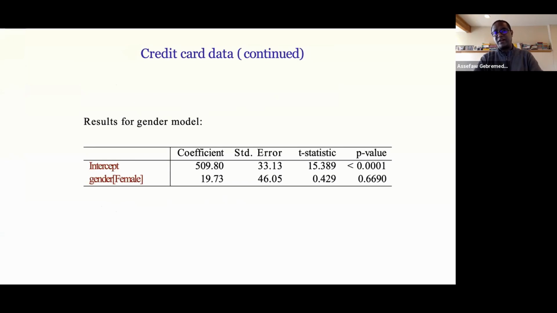And so in this credit card example, if you were to include this in your model and see what kind of values you would get, fortunately, this is a real data set, it turned out that the amount of balance people have on their credit card was not influenced by whether the card owner is a male or a female, because the p-value for it was 0.669.